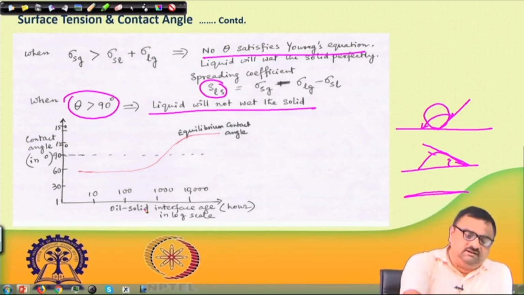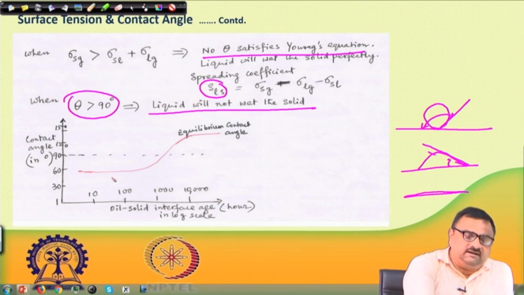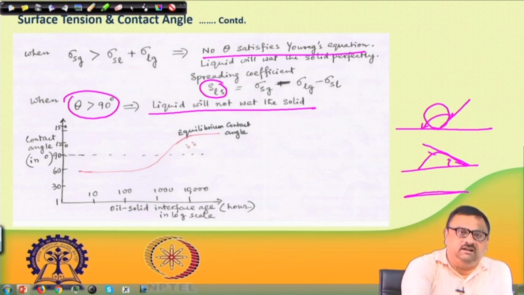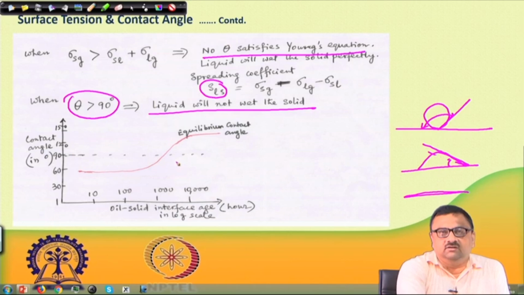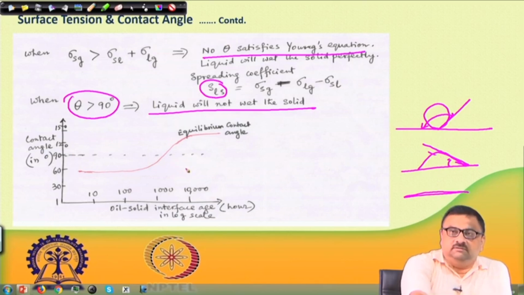When the oil-solid interface age increases a lot, at some point the contact angle can go from 60 degree to beyond 90 degree. So there could be a shift from a little less than 90 degree to a little above 90 degree. That is also something which is possible.